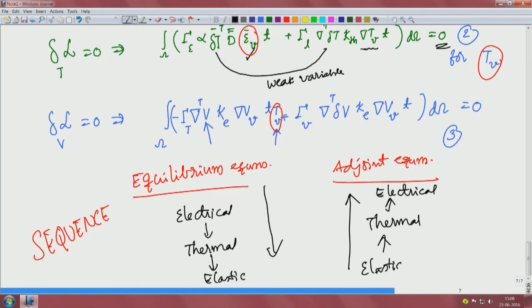So, you can use the same framework, meaning the same finite element routine, to solve this also, except that instead of going from 0 to final time, you start from final time and come back to 0, as if you are coming negative, which is what we see in the sequence of equilibrium equations and adjoint equations being different. Okay. Thank you.